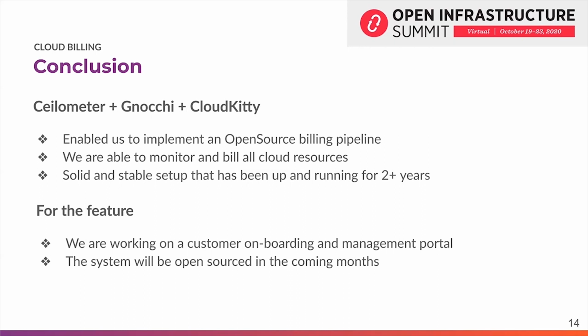Not all of the implementations, but most of them that we did, are already upstream and were already released. For instance, all of the implementations we did in Ceilometer so far were already released in the Victoria release of OpenStack. In Gnocchi, some of the pull requests were merged, some of them are still open. We do know that Gnocchi is in a gray area right now.